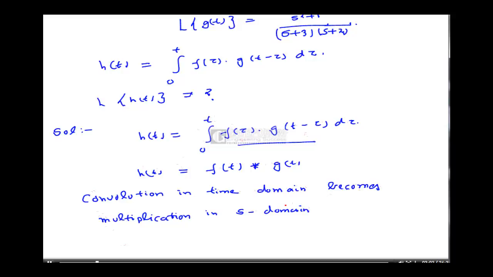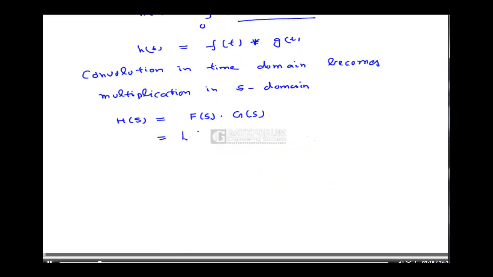Now once we have this information, I can write H(s) is equal to F(s) into G(s), where F(s) is the Laplace transform of f(t) and G(s) is the Laplace transform of g(t).